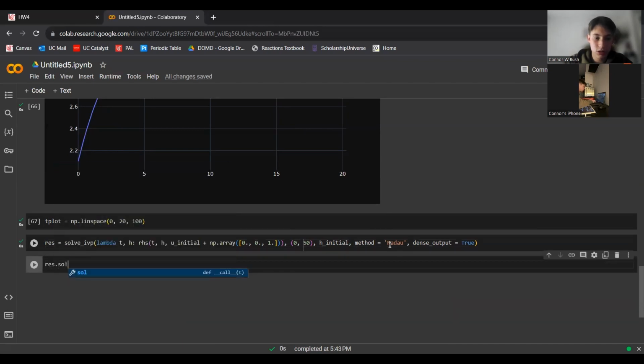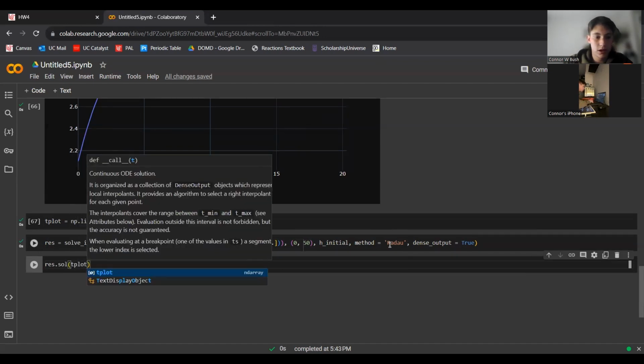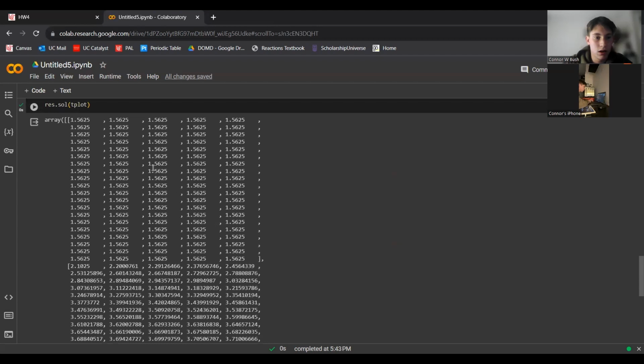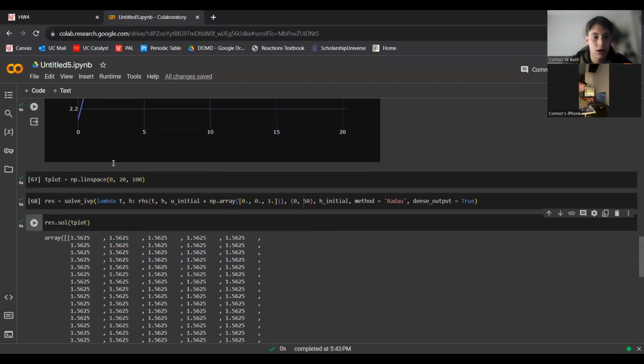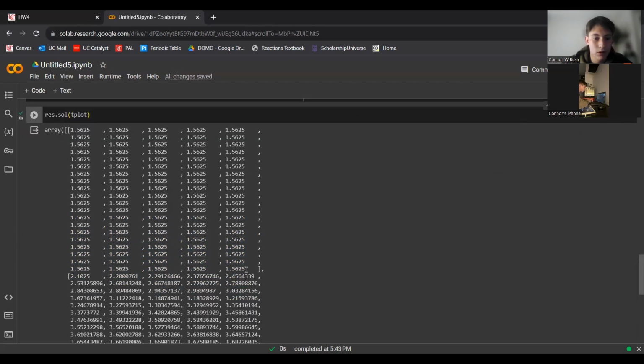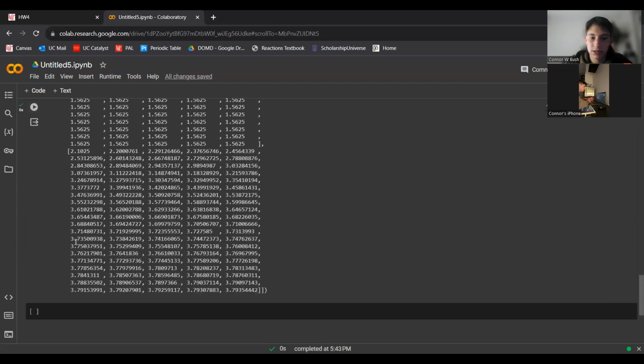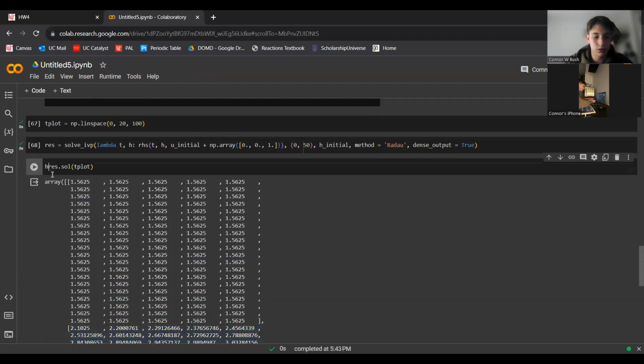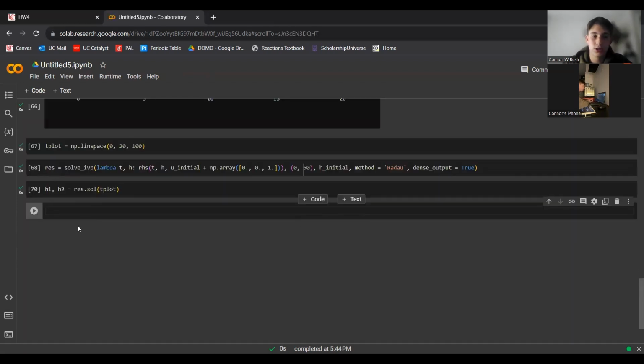So if we do res.sol, like dot solution, for this t-plot time, we're given two arrays. This one represents h1, and as you can see, we're not concerned with that at all. It's not changing. We're looking to isolate just h2 and see the effects of that with the step response. So this is h2, so we're going to split this up into h1, h2 equals that. So we stored h2 as that second array.